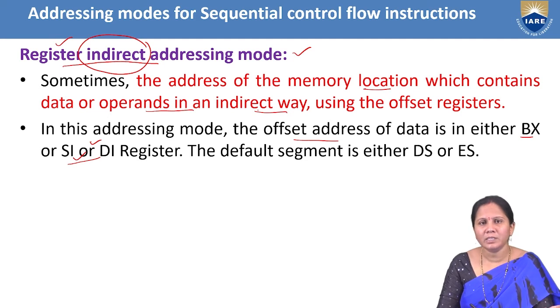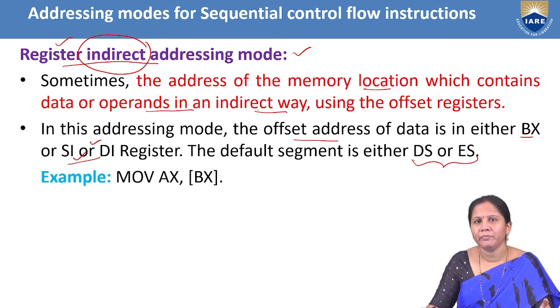Another point is the segment address. In register indirect addressing mode, the segment address comes from DS or ES, the data segment or extra segment. Based on this offset address and segment address, the effective address can be calculated.